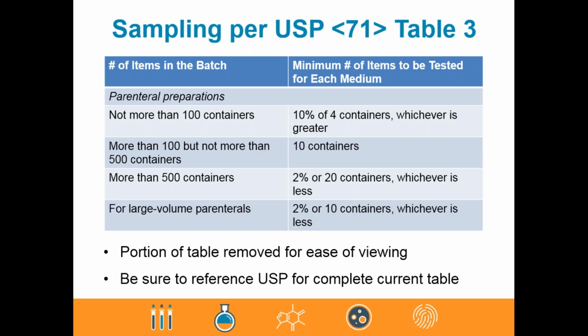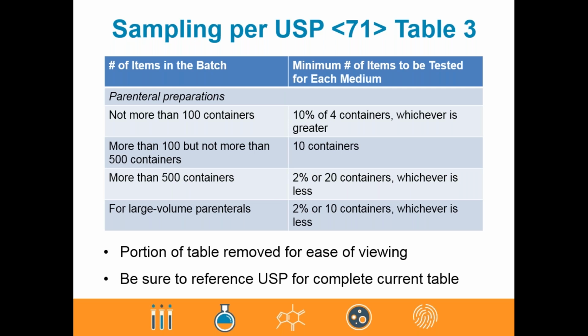So a little closer look at USP 71, as I mentioned earlier, Table 3. This is a portion of Table 3. This is just the parenteral section of it. The only reason I showed just this section of the table is for ease of viewing. You do need to make sure you have your own copy of this table around and available, and be sure to reference USP for the current complete table.